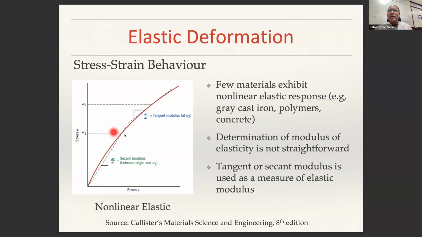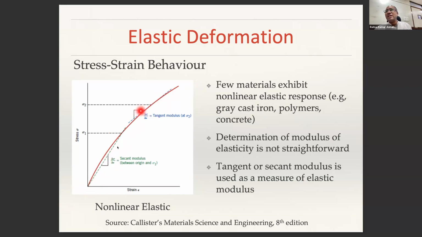If you are looking at sigma 1, you draw a line between the origin and sigma 1. The slope of that line is called secant modulus. If you want to report secant modulus at sigma 2, you draw a line from the origin to sigma 2, and that slope will be called secant modulus at sigma 2. As you can see, the slope changes depending on which point you are measuring. That is why it is called a nonlinear elastic material.